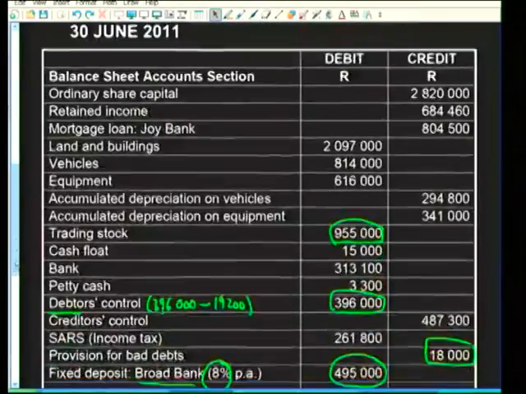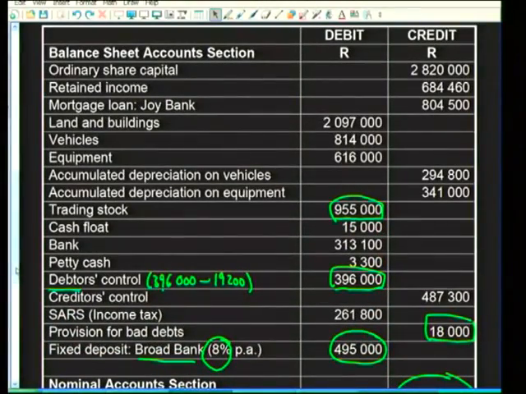But remember, that was not the only vehicle that our business had. Our business had very many vehicles. As we can see from the original trial balance, we had vehicles to the value of 814,000 Rand. Here it is, 814,000 Rand. So, even though we sold a vehicle, we've still got some left over, and we need to calculate the depreciation on those vehicles that are left over. So remember the number 814,000.